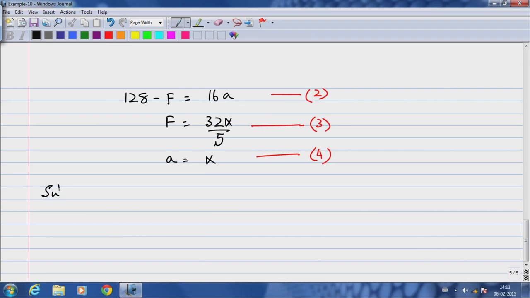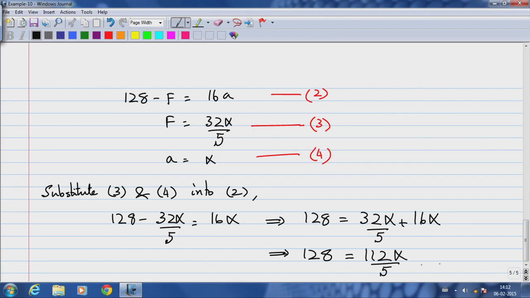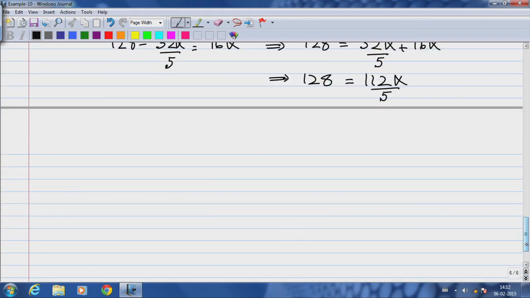So, I will substitute 3 and 4 into 2, and let us see what we get. 128 minus 32 alpha over 5 is equal to 16 alpha, which implies that 128 equals 32 alpha over 5 plus 16 alpha, or alpha equals 128 into 5 divided by 112.